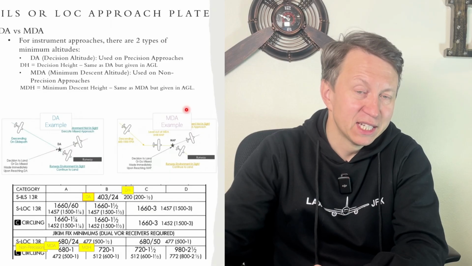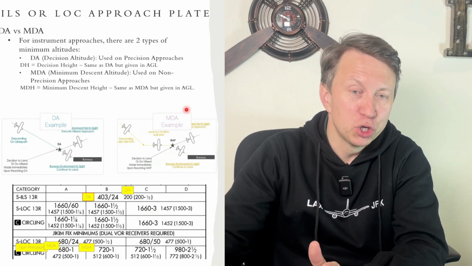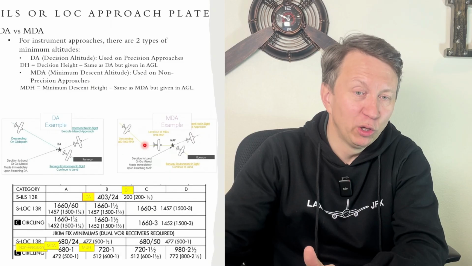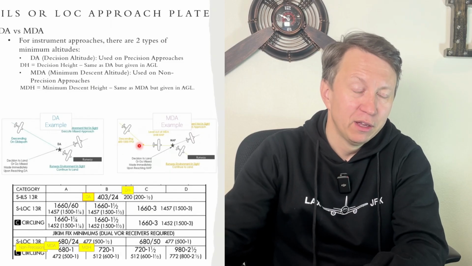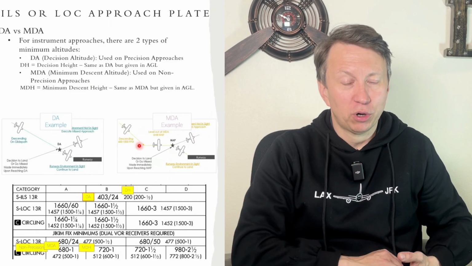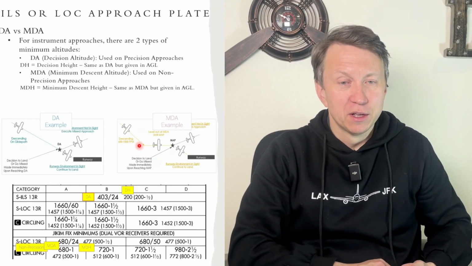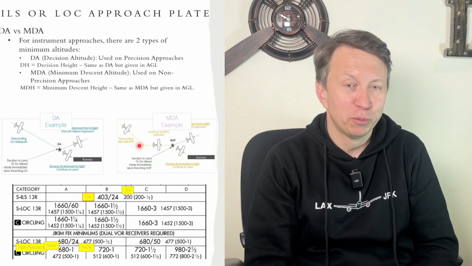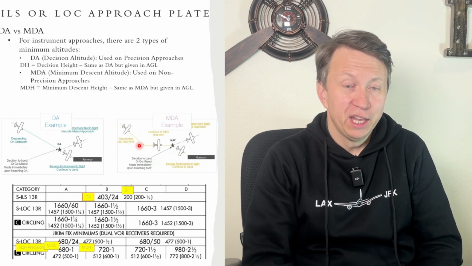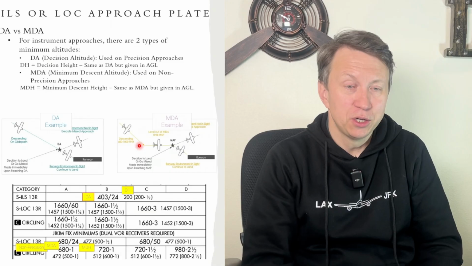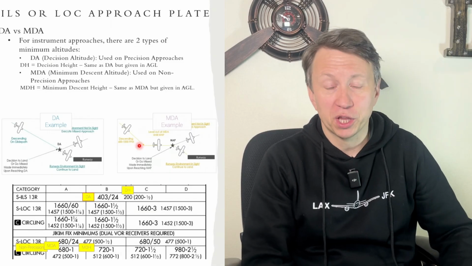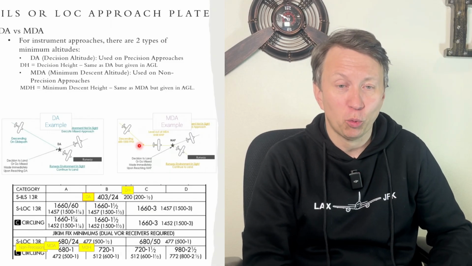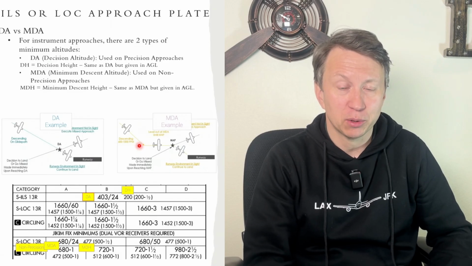The minimum descent altitude for the non-precision approach is different. You level off at the MDA. ACS calls for at or above 100 feet. So never go below MDA, and that would be a fail. And at that altitude, you proceed to the missed approach point, which for the non-precision approach is an actual waypoint, at which you either proceed to land, or you go missed.